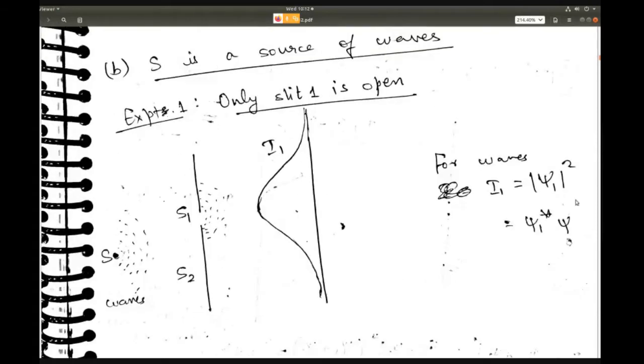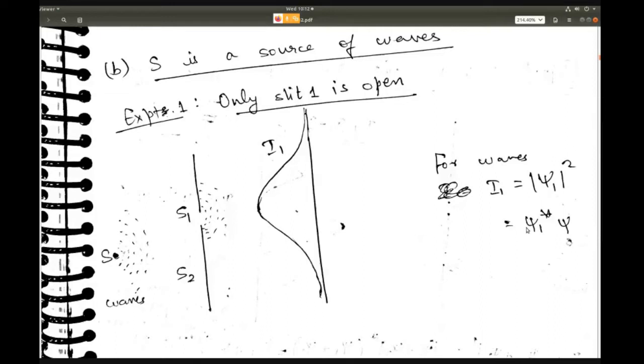But what is I1? For a wave, which is represented by the wave function psi, the intensity is the square of the modulus of psi. Because the wave function is a complex variable, when you write the modulus square, you always have to write it as psi1 star into psi1.